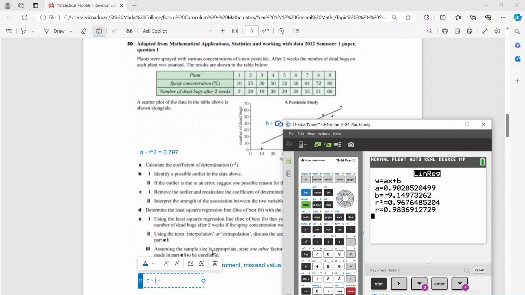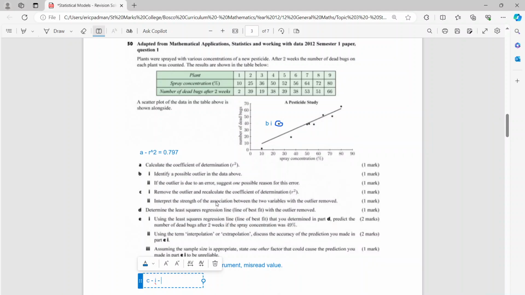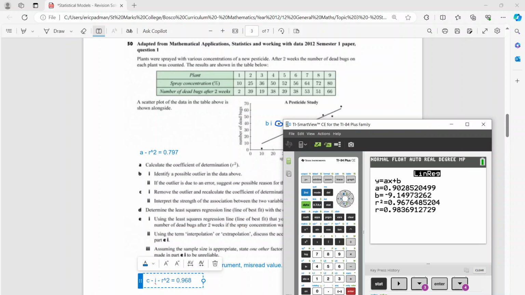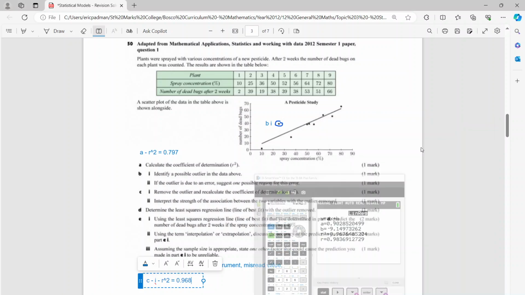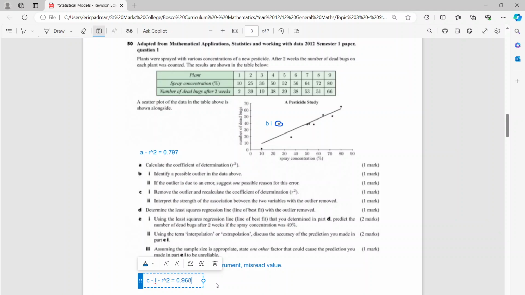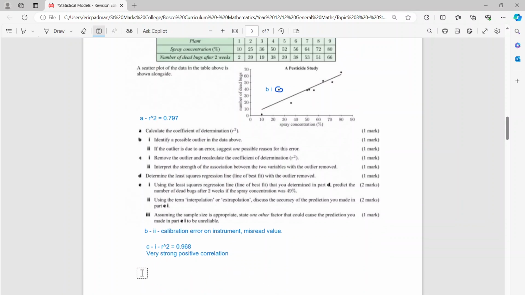Now we get R squared equals 0.968. That's a strong association, a very strong correlation. That was part 2.